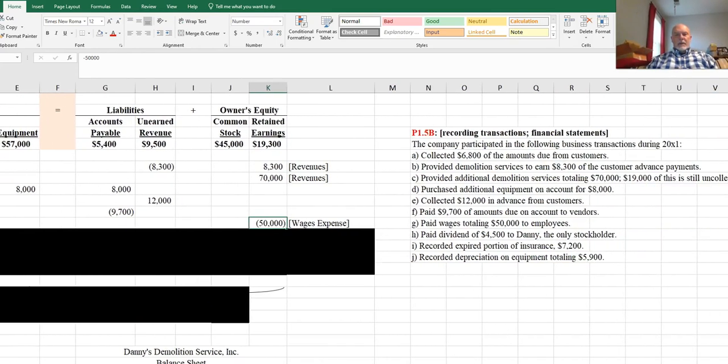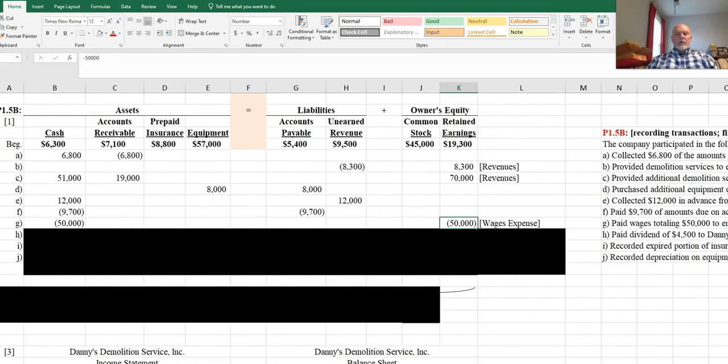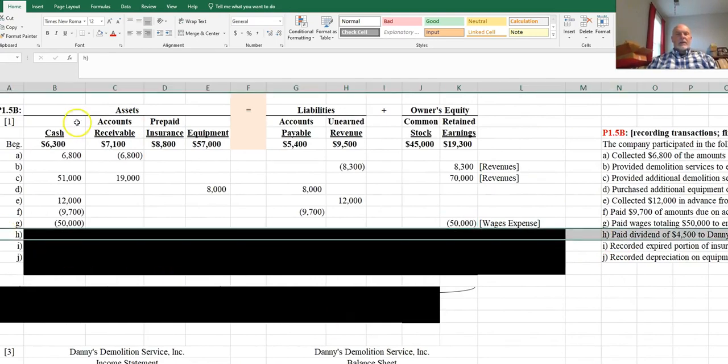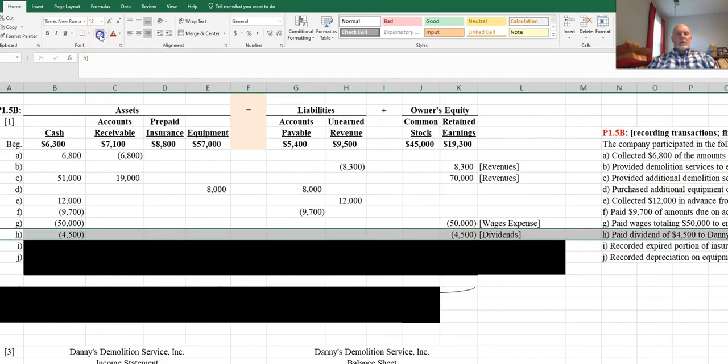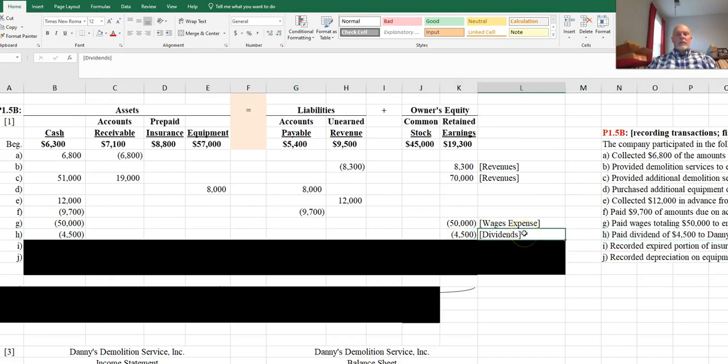Item H, we paid a dividend of $4,500 to the owner. Remember, a dividend is a distribution of profit, and so we are lowering cash, and that is a dividend subtracted from retained earnings.